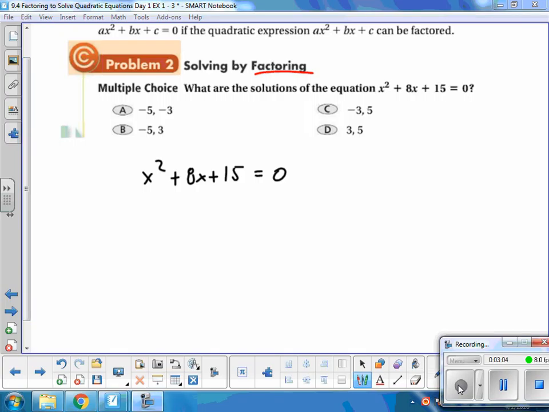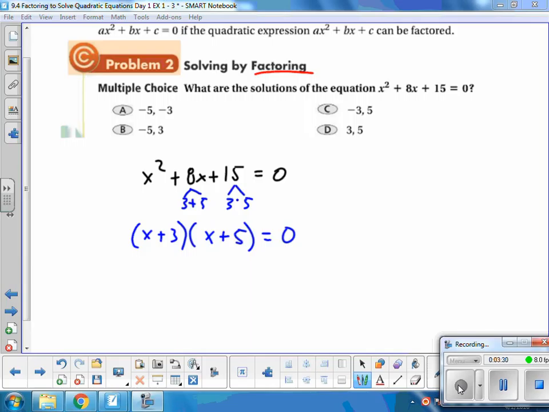So I'm asking myself what times what gets me 15, that when I add them together, I get 8. So I can see maybe 3 times 5 and 3 plus 5. 5, 6, 7, 8. 3 times 5 is 15. All right, so that looks like those are the factors I can use. So x plus 3 times x plus 5 equals 0.